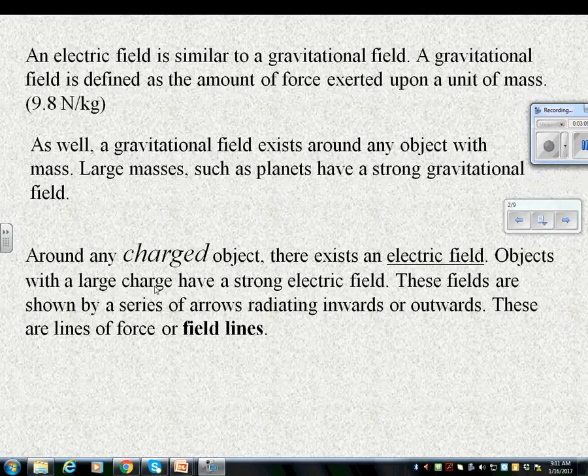Okay, so around any charged object there exists this electric field, an object with a large charge. I've been through that, right? Let's go back to this definition, because I looked ahead there and I really should have the actual definition. So what would you have to change in this sentence? A gravitational field is defined as the amount of force exerted upon a unit of mass. How would you change it so that instead of gravitational it said an electric field is defined as?